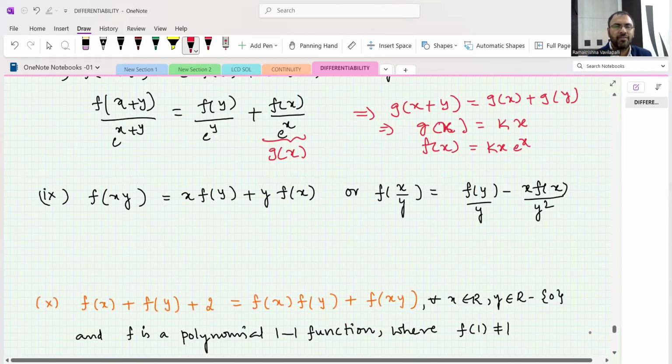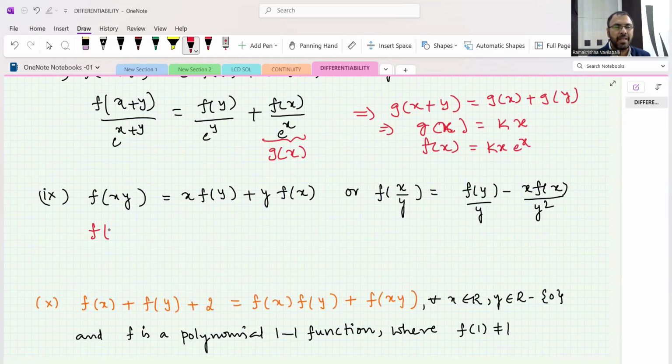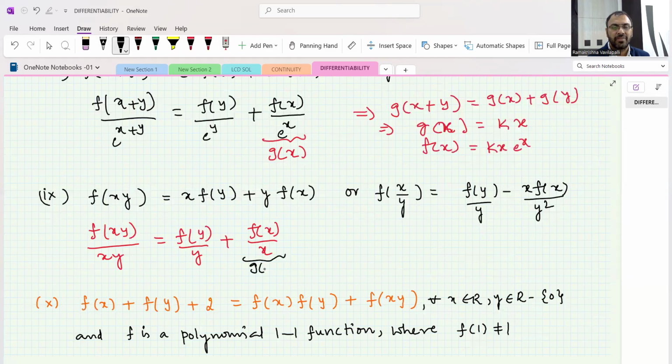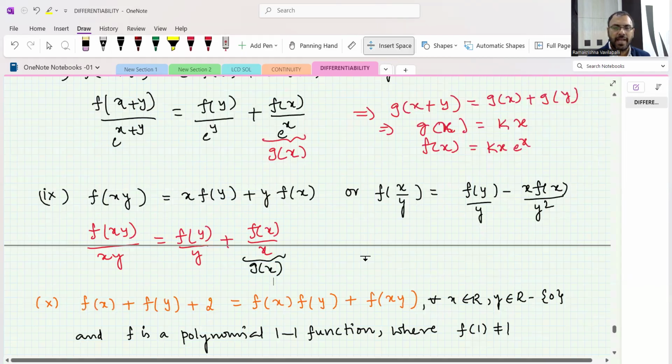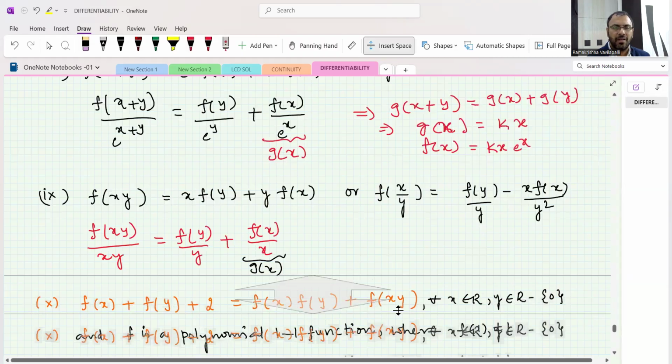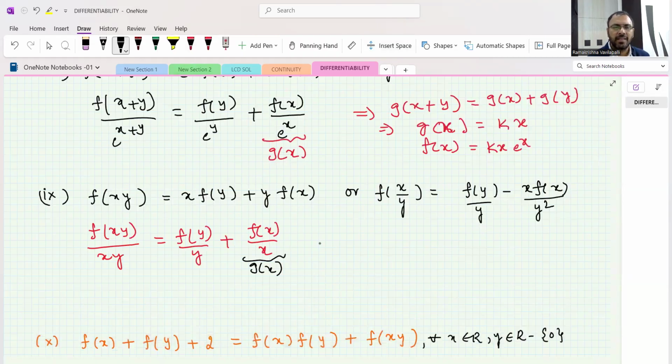In a similar way, f of xy is equal to x into f of y plus y into f of x. You just divide by xy. This is equal to f of y by y plus f of x by x. Now again you take this function as g of x. Now what will you get? g of xy is equal to g of x plus g of y.